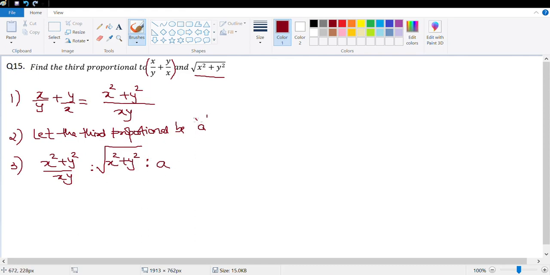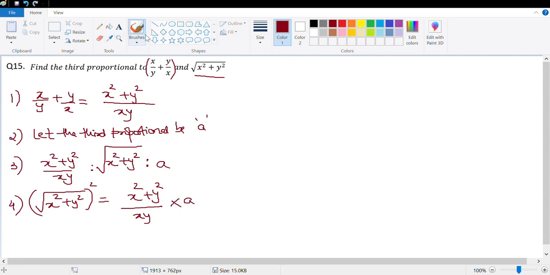They need to be in a continuous proportion, which means the square of the second term should be equal to the multiplication of the first term and the third term. In this case, x square plus y square upon xy multiplied with a. Let's see what we get.